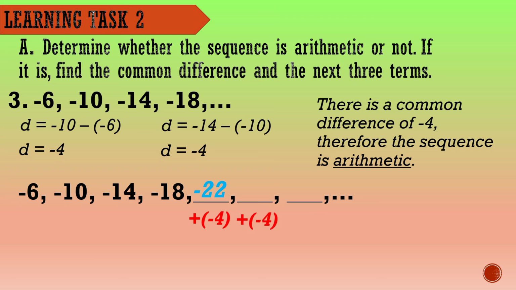Negative 22 plus negative 4 is negative 26. Negative 26 plus negative 4 is negative 30. So, the next 3 terms of the sequence are negative 22, negative 26, and negative 30. Naintindihan po ba? Next number.